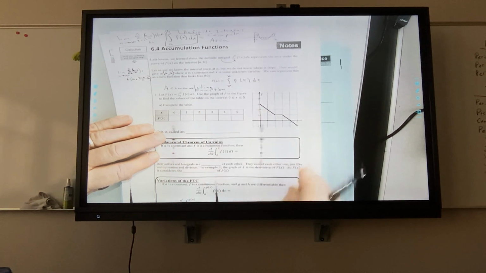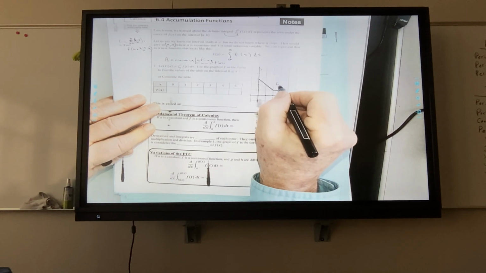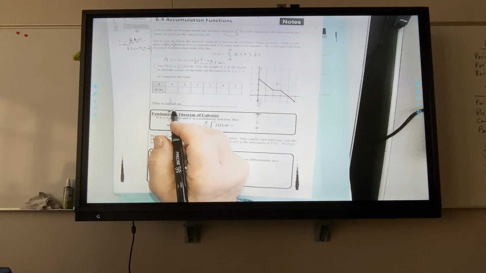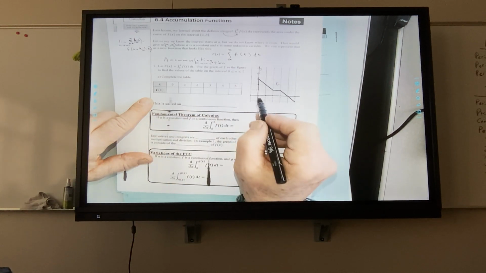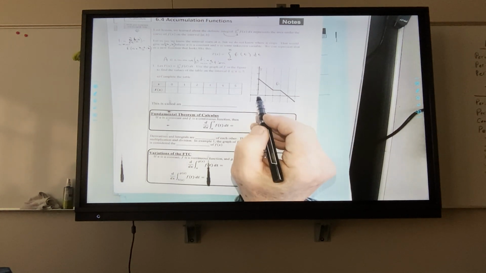What I have here is I have a graph. This right here is F. And we're going to complete this table. So we're going to start at 0, and we're going to move to 0. So if I'm there, exactly how much area do I have right here? Do we have any area?